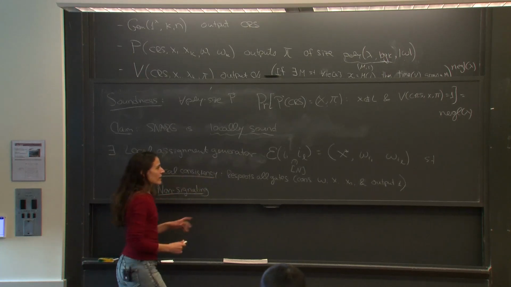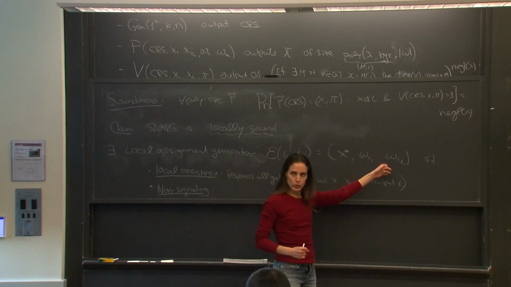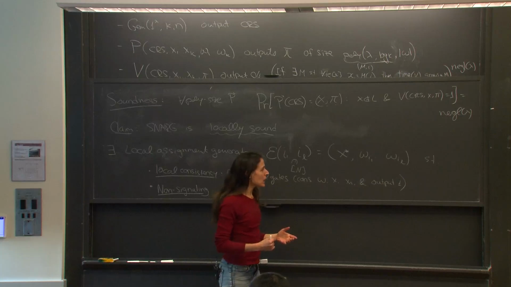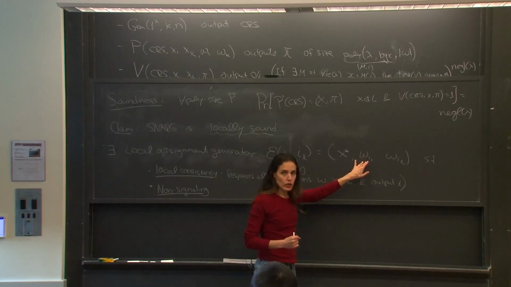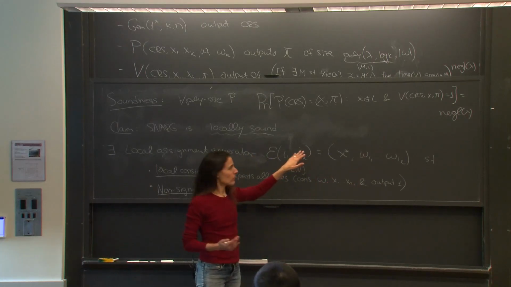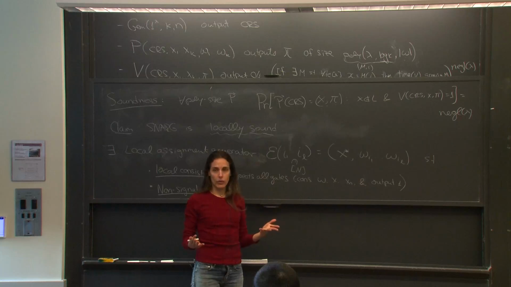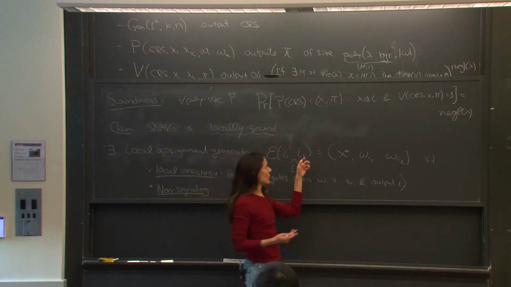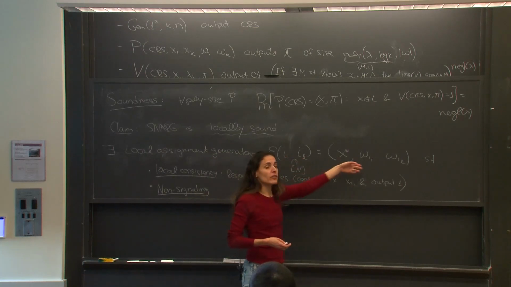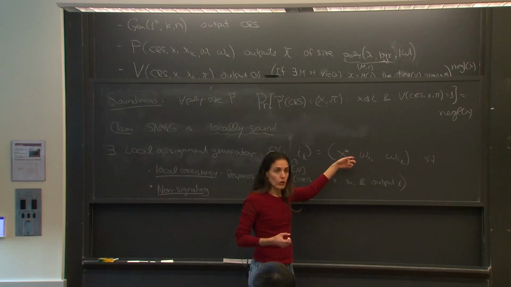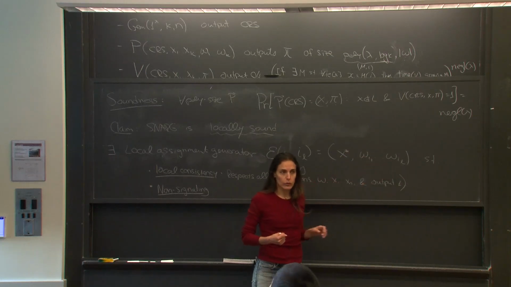Number two says about the wire values that the extractor, the local assignment generator, gives: this is a randomized algorithm. Given these wires, it gives a distribution over X star and wire values.